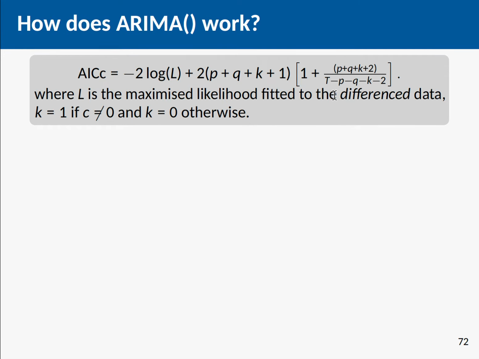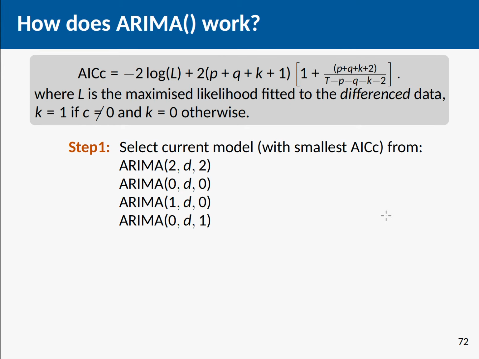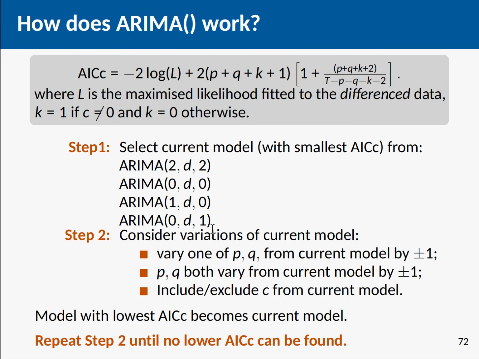Now we already know the formula for AICc. The idea here is the automatic function called auto.arima works in the following way. It selects a current model with the smallest AICc from these different models that are out there. Okay, so you have an ARIMA(2,d,2), ARIMA(0,d,0), and so on and so forth. In step 2, R is considering variations of the current model by increasing or decreasing p from the current model.